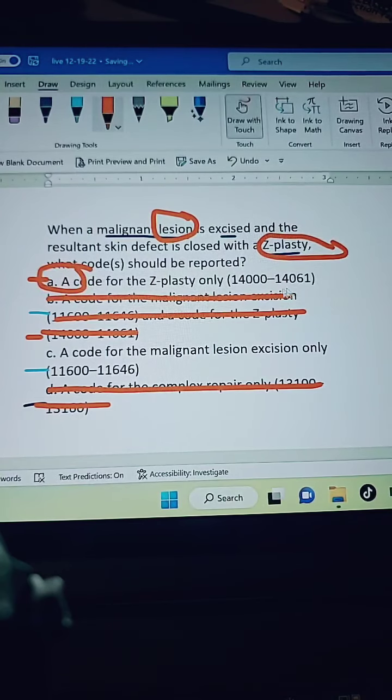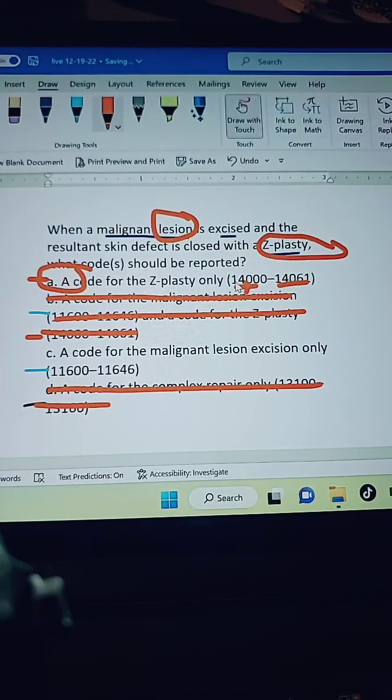Also, what happens with this code in any one of those ranges. If we code anything in the 14,000 range right here to the 61, the unique thing is that you only code that code by itself. It doesn't get combined with anything else.